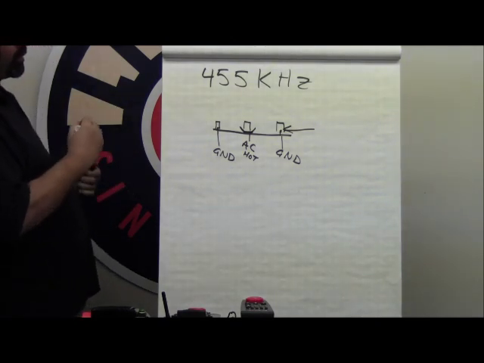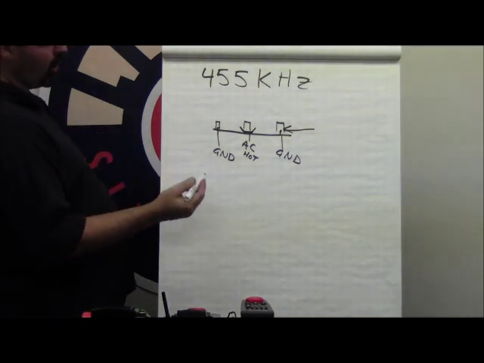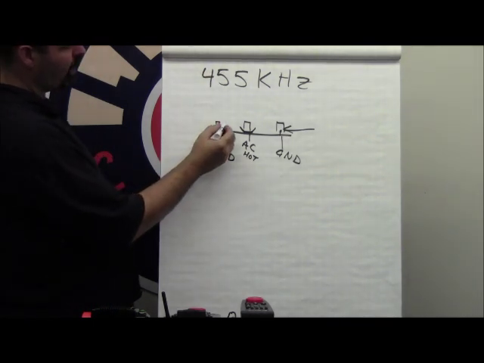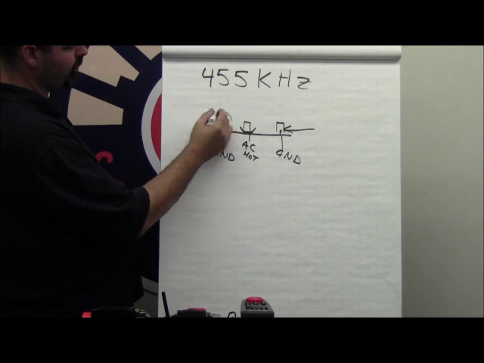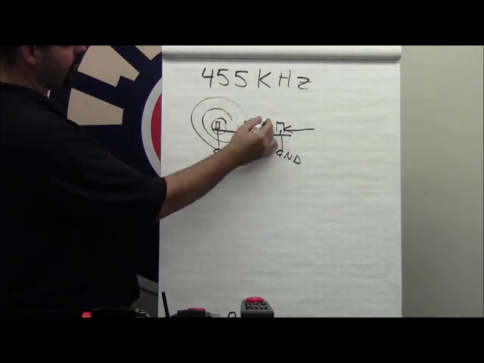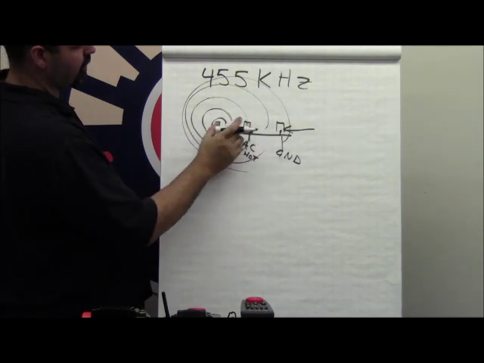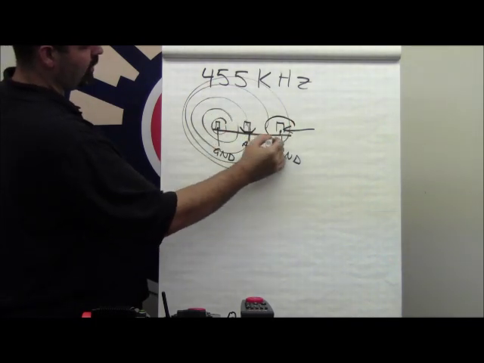The reason it's important is because the COM, or this 455 kilohertz signal, is broadcast out of both outside rails. These circles represent that radio signal.